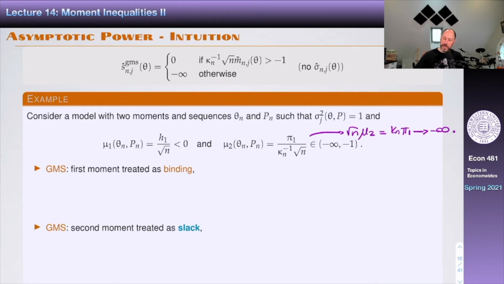So let's do it. In the first moment, we're going to have kappa n inverse, square root n bar m1 theta. This is the function that I have over here. And now the only trick that we're going to use in this analysis is to add and subtract the true mean.